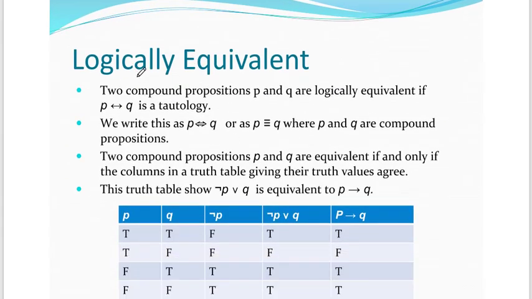Now the next topic, logically equivalent. It's a part of the subtopic. We also discussed some equivalence in the last lecture. So two compound propositions P and Q are logically equivalent if P if and only if Q is a tautology.